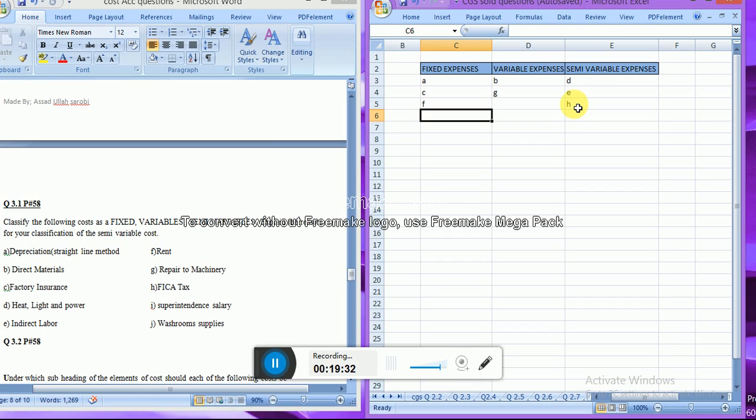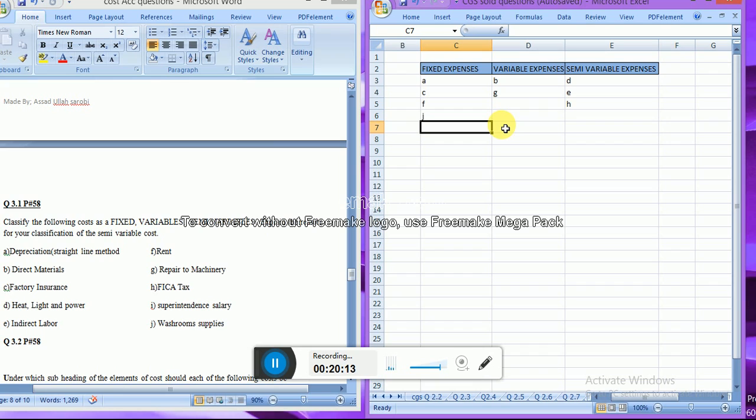No. Salary is fixed for a fixed period of time. Like if my salary is $200, so in January I will take $200, and February, March, April, May till December I will take $200 each month. So keep in mind that superintendent salary is a fixed cost. Got the point?